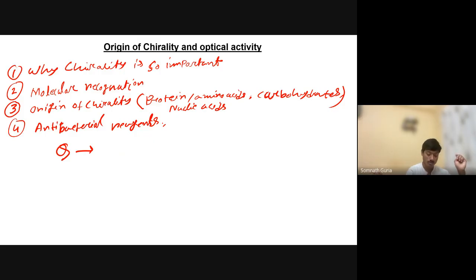The idea is that chirality was induced from outside the earth, so the first chiral molecules came to the earth from outside the earth's atmosphere or ground.